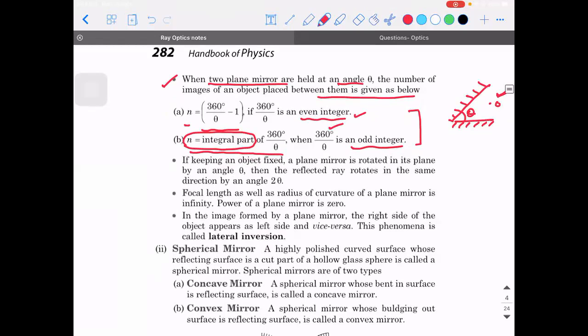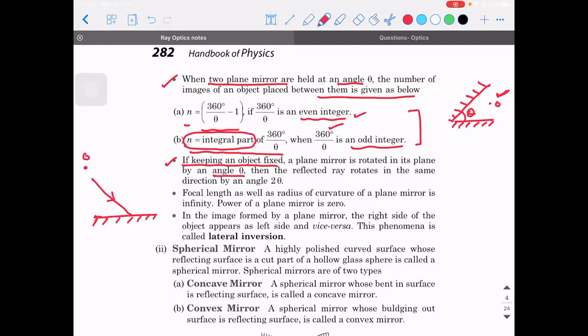Okay, next. Keeping an object fixed, a plane mirror is rotated in its plane by an angle theta. Let's say you have a plane mirror and there is an incident ray.